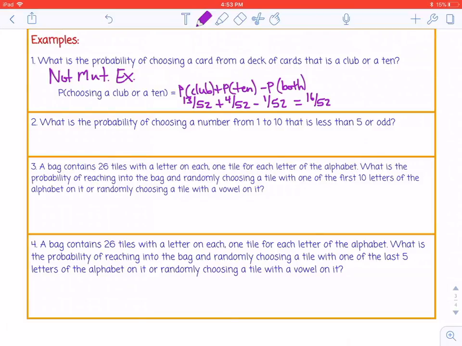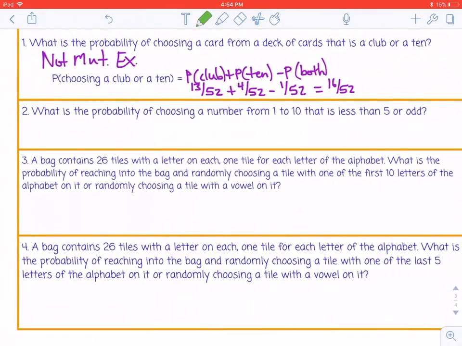What is the probability of choosing a number from 1 to 10 that is less than 5 or odd? So the first thing you want to think about is, can it be both? So we have a number between 1 and 10. So 1, 2, 3, 4, 5, 6, 7, 8, 9, 10 is our sample space.